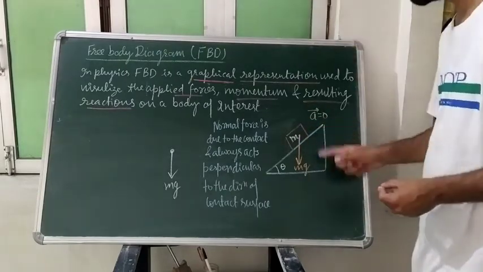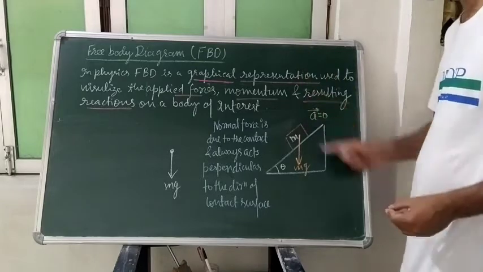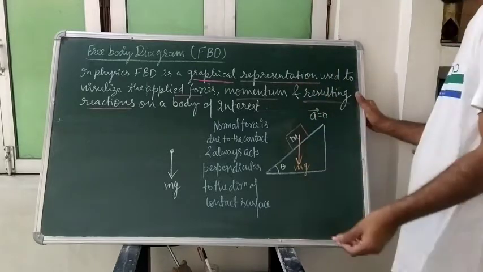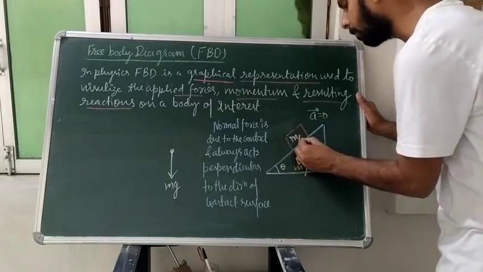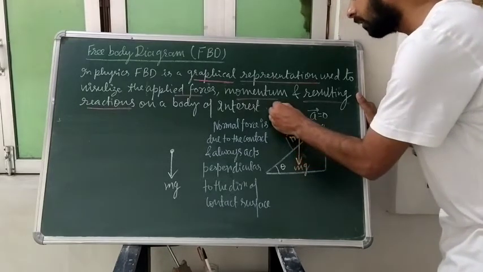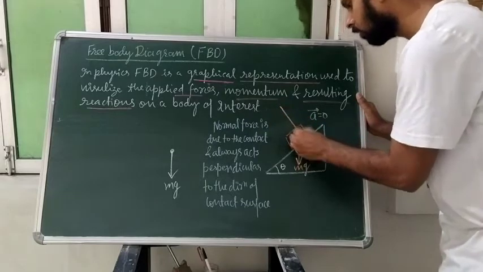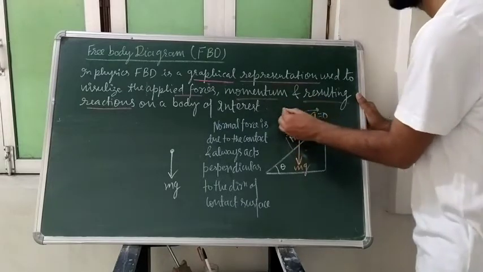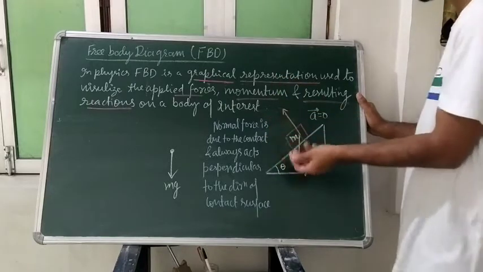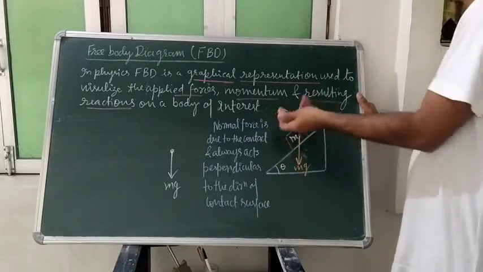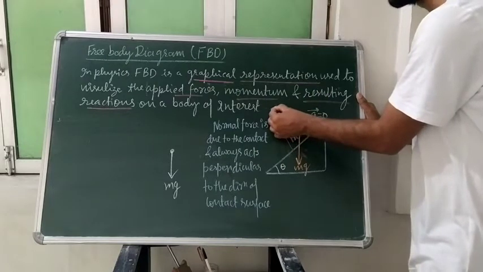That is always going to act perpendicular to the contact surface. So your normal will be like this. Okay, it will be perpendicular to that contact surface. Whether you represent it by R or say reaction, or normal, for the time being we will say normal.